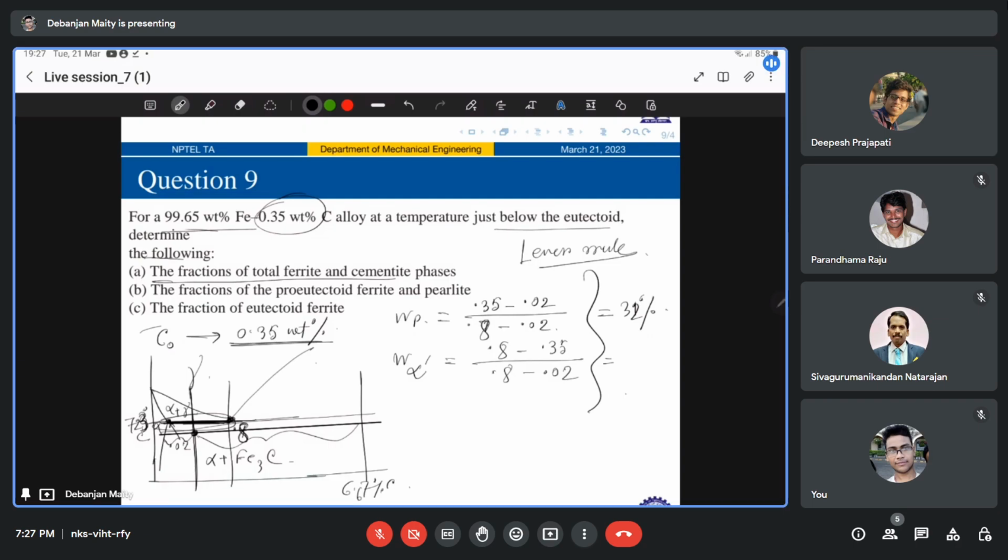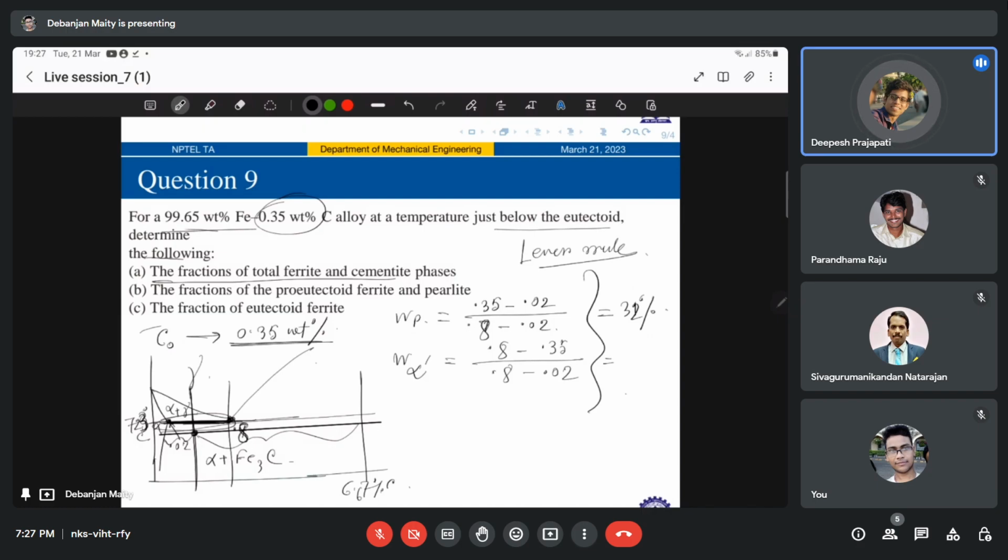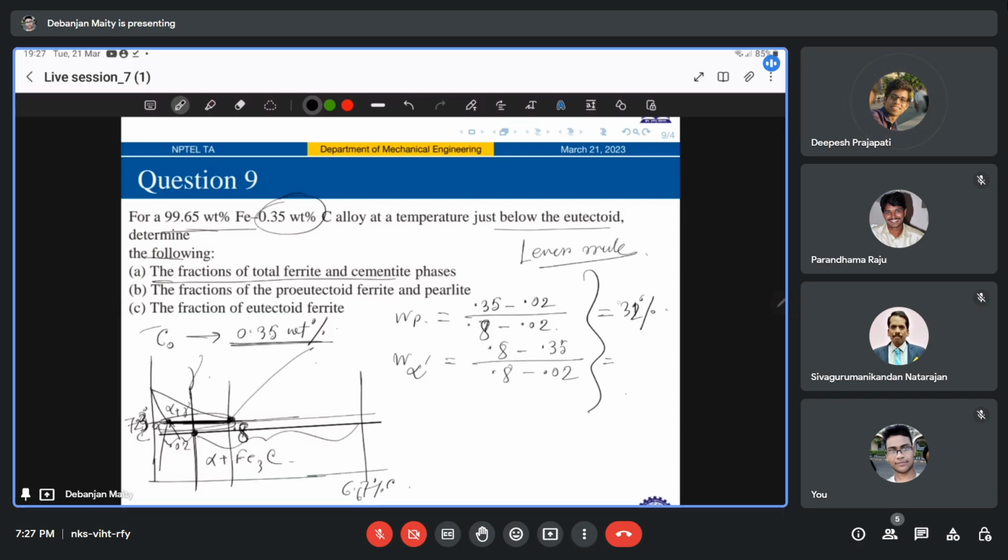And pro-eutectoid is 100 minus that. Pearlite is 42.